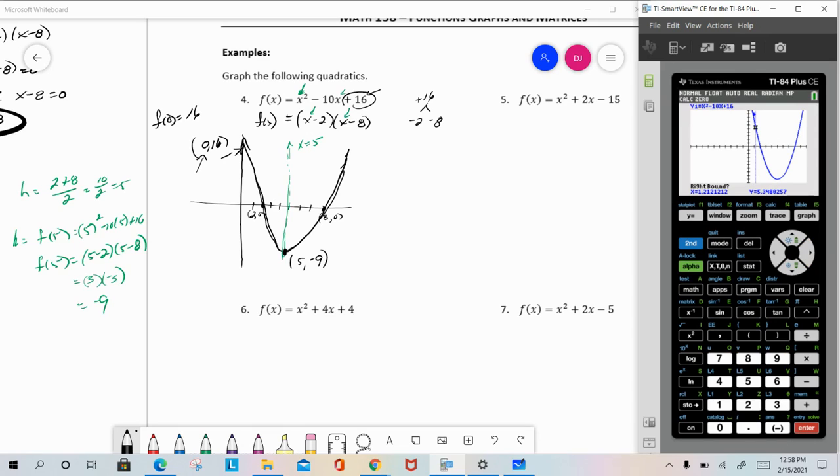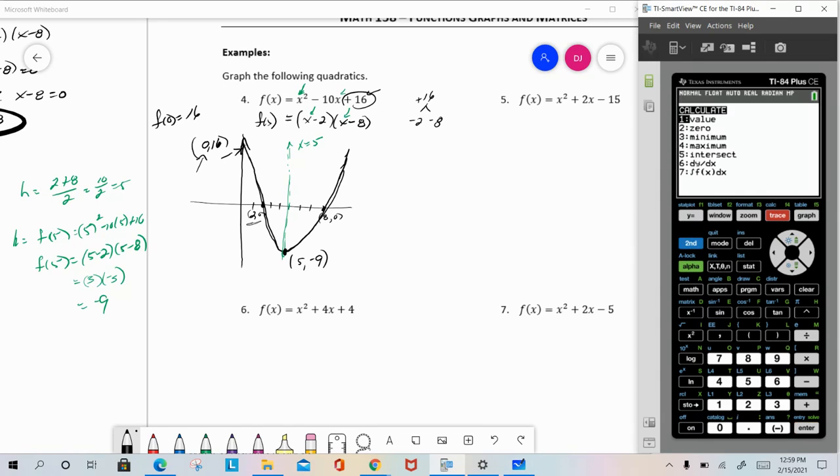I'm going to press enter, and now I need to move my cursor to the right of that zero, which it is. So notice now I have a lighter line to the left and to the right, and now I'm going to guess. My guess doesn't have to be good. I just need to have my cursor between the left and the right bound, and I have a zero at (2, 0). That I think is more work than the factoring. I prefer to factor.